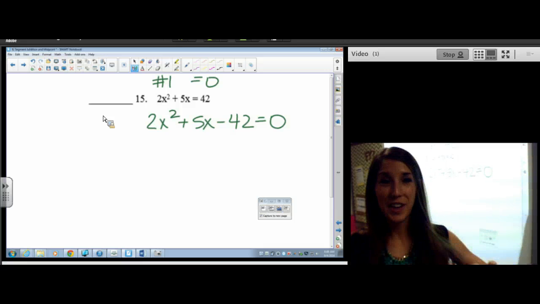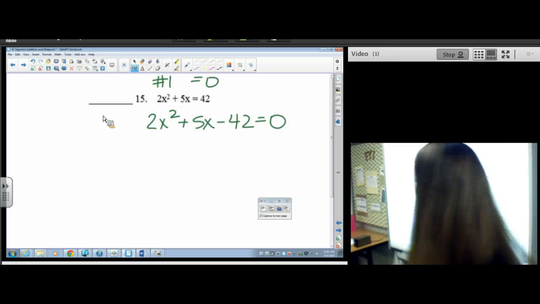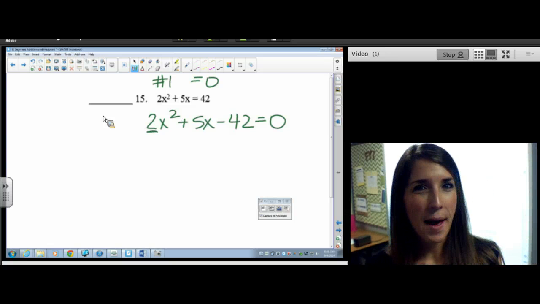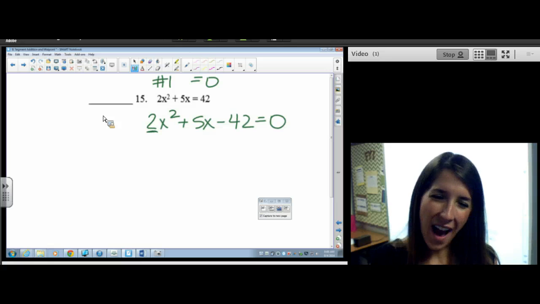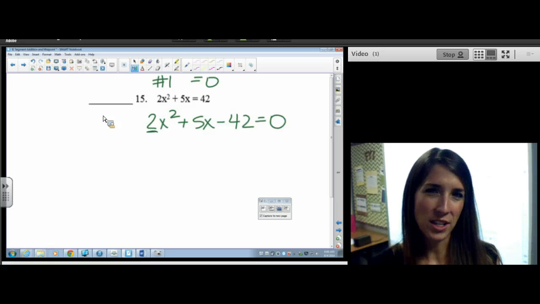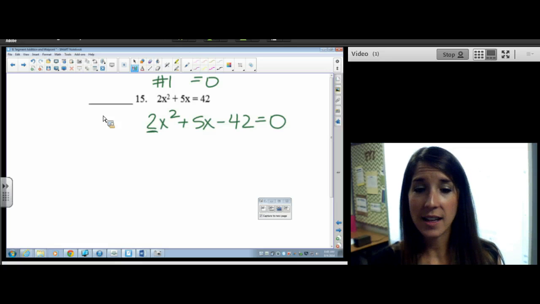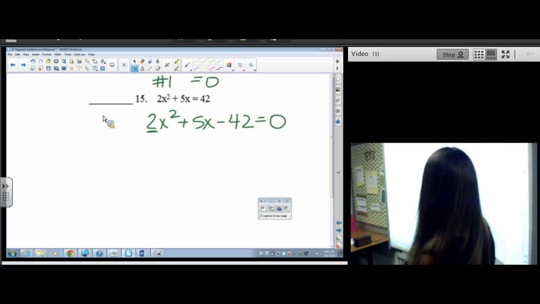And let me give you a little hint that might help you. Look at the leading coefficient. That's this number right here. If everything is divisible by that number, you can just divide it out and get rid of it. Now in this problem, 5 unfortunately is not divisible by 2, so we can't get rid of the 2, but you need to always check for that because sometimes you can get rid of that leading coefficient, but not this time.